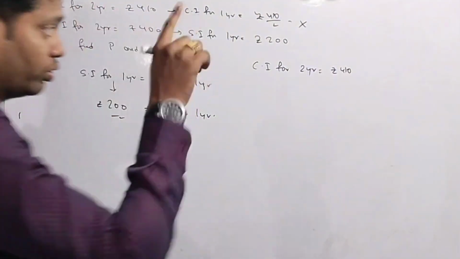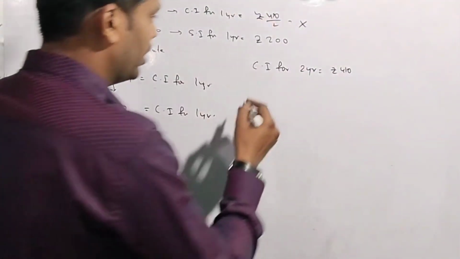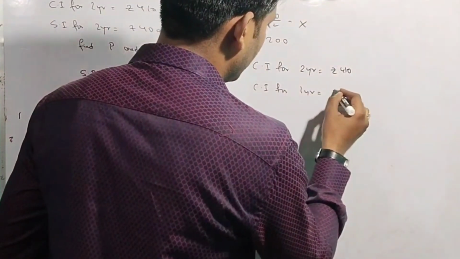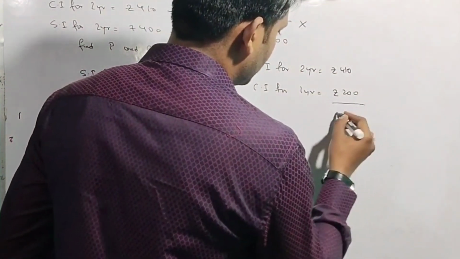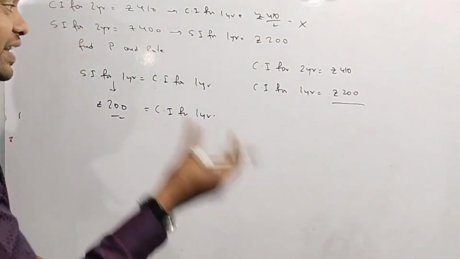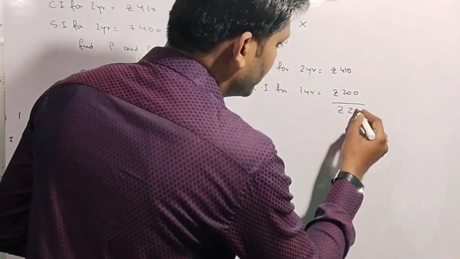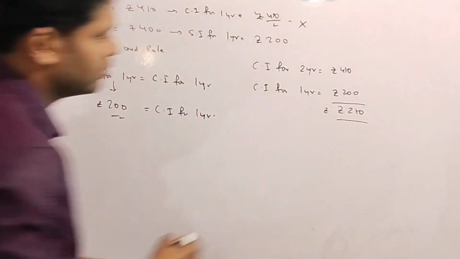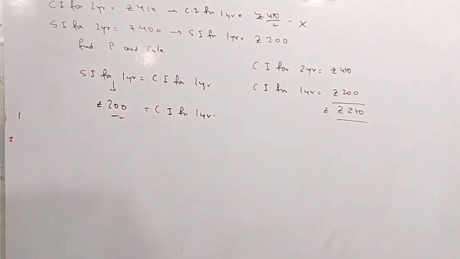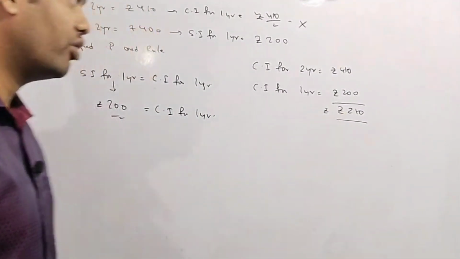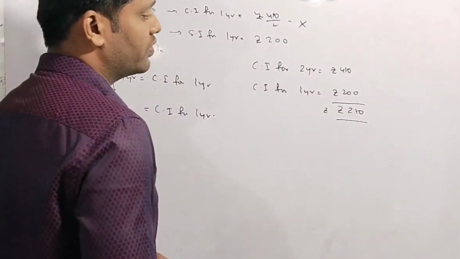And particularly CI for 1 year is equal to rupees 200. So how much has he gained as interest in the second year? Rupees 210. This is the compound interest for the second year. We are getting confused because compound interest for the second year is already there, and again you are saying compound interest for the second year.